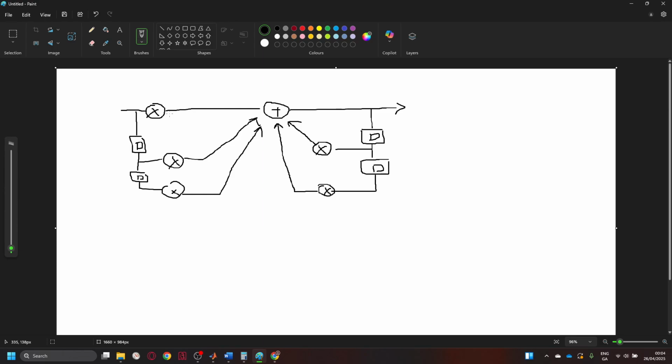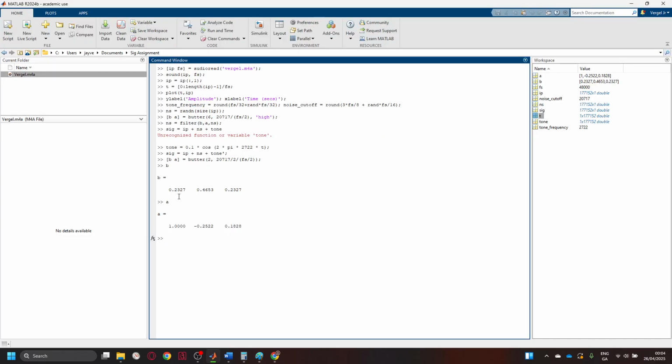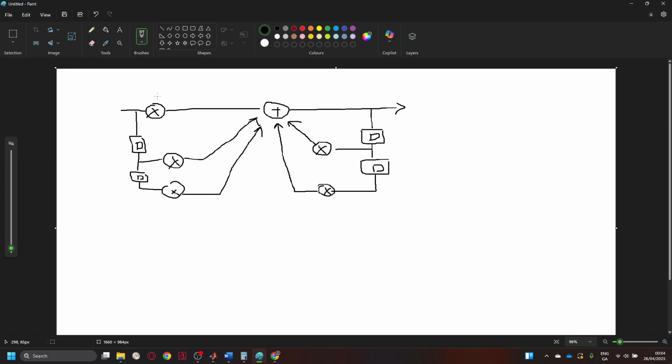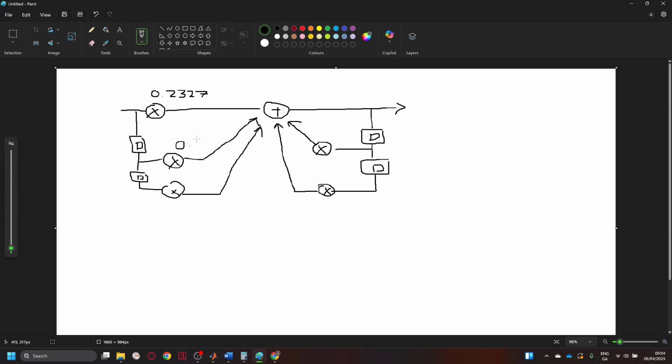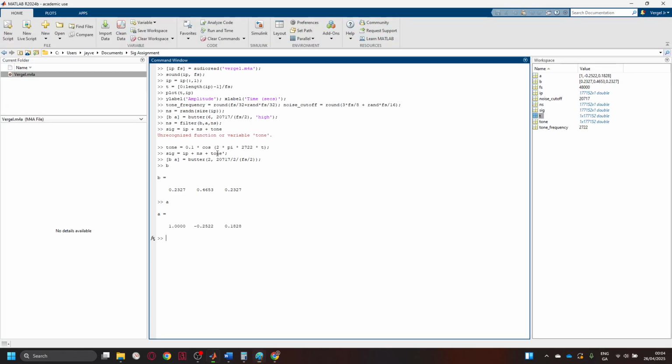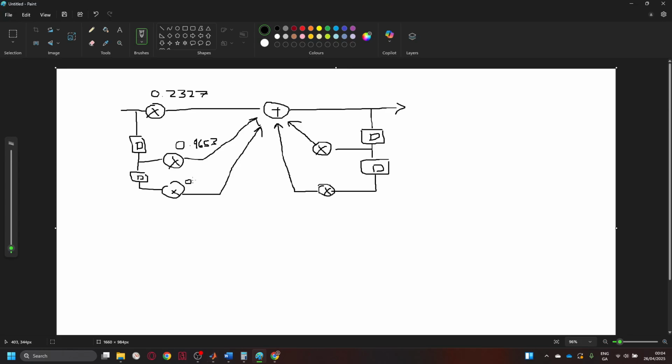First, the x coefficients for B are 0.2327, 0.4653, then 0.2327.